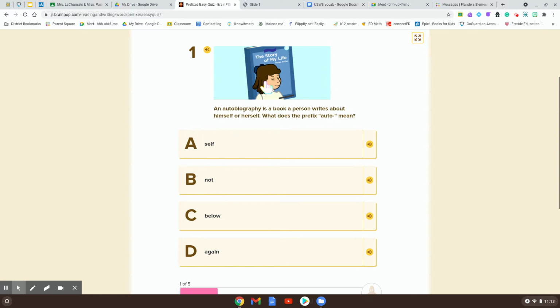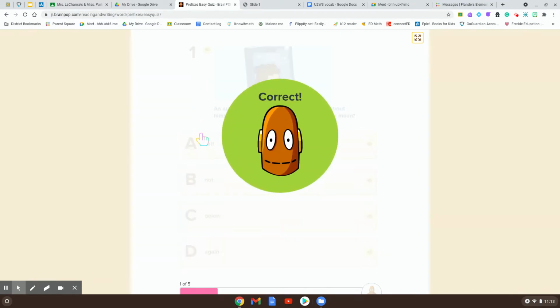So if this is a book about someone written by themselves, about themselves, does auto mean self, not, below, or again? So it would be self-biography, not biography, below biography, or again biography. It is self-biography.